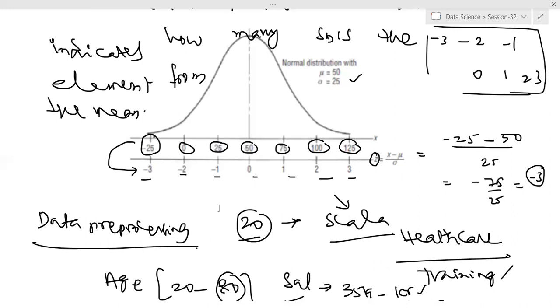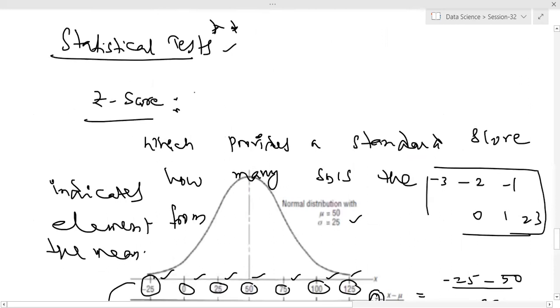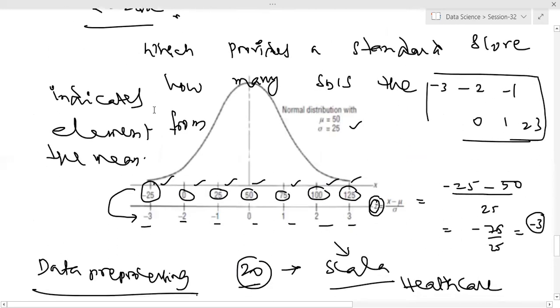With the help of the Z score, whichever value I give from our data, the Z score provides a standard score, which indicates how many standard deviations the element is from the mean.